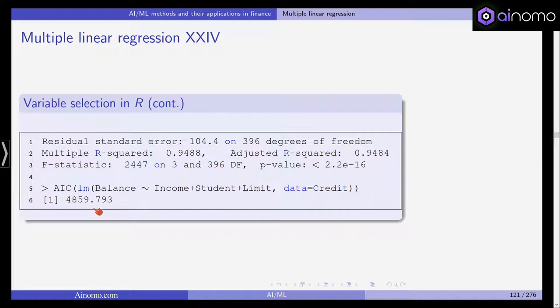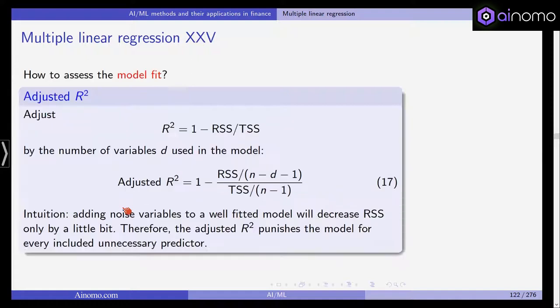And the Akaike information criterion is also much lower than for the simple linear regressions. So we can see, yes, we should actually estimate a multiple linear regression with all 3 variables. And if we were now to include more variables, at some point, I guess, we would arrive at some variables that we can leave out.